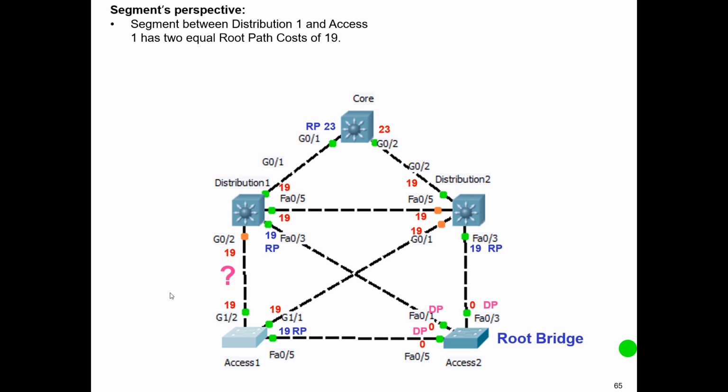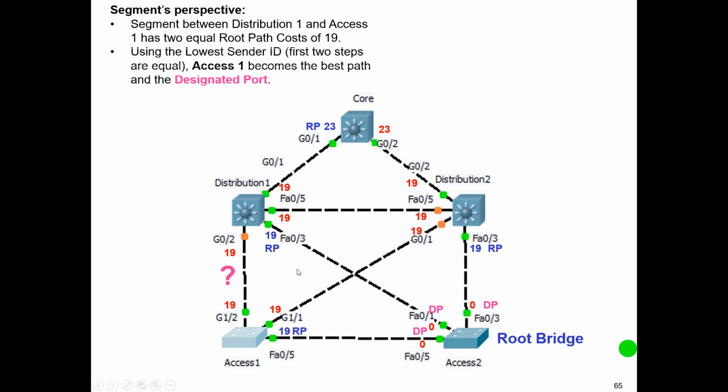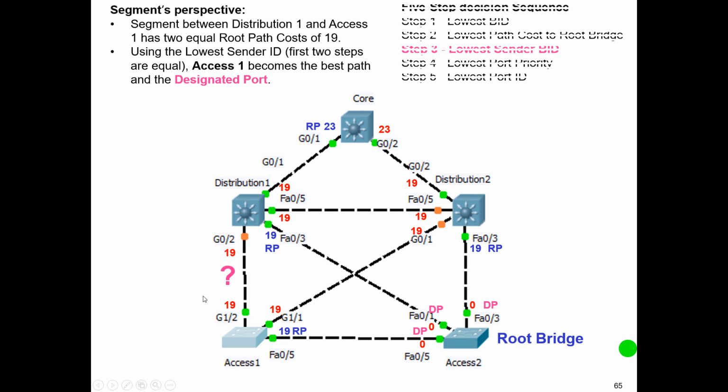So, segment's perspective. The segment between distribution 1 and access 1 has 2 equal root path costs. Using the lowest sender ID, the first 2 steps are equal. Access 1 should become the best path and the designated port.